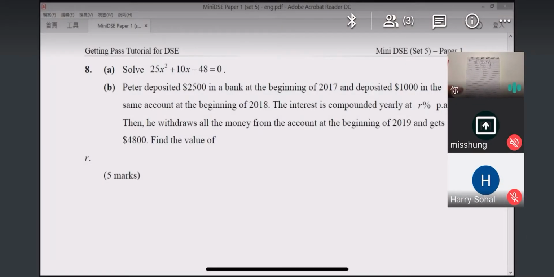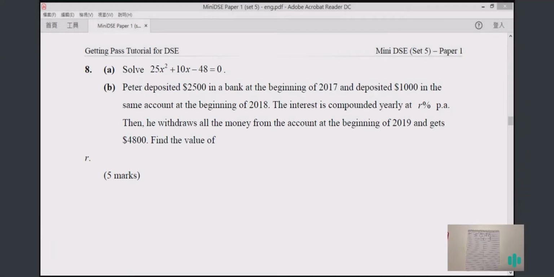Okay, and then it is a real situation. Part B: Peter deposits 2,500 in the bank at the beginning of 2017, so in 2017 the P is 2,500. Then he deposits 1,000 in the same account at the beginning of 2018.